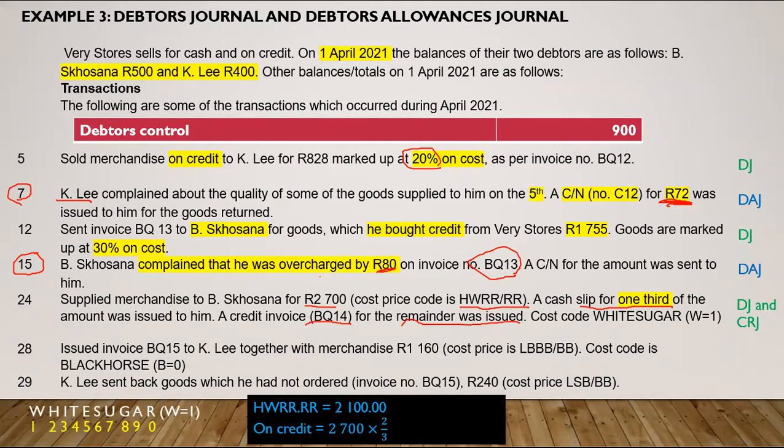On the 28th, we issued invoice BQ15 to Kylie together with merchandise. It was 1,160 and they gave you the cost code and the word code, which is Black Horse. Now I'm going to try and do it here quickly.